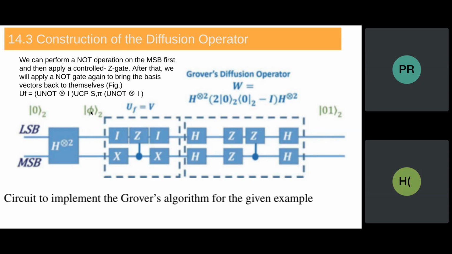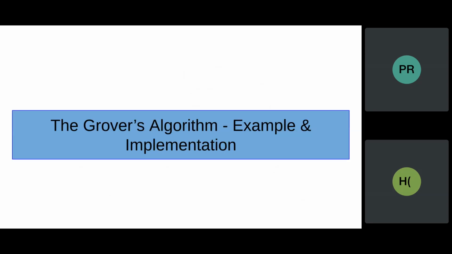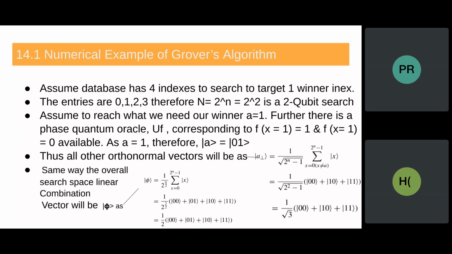So this is the entire construction of a diffusion operator. This is the diffusion operator part, and this is the unitary operation part of it. So unitary plus the diffusion. Basically, the target is differentiated based on the averages. As I mentioned, the average being 1 by root 3 and 1 by 2. So if you have 4, what is the average?